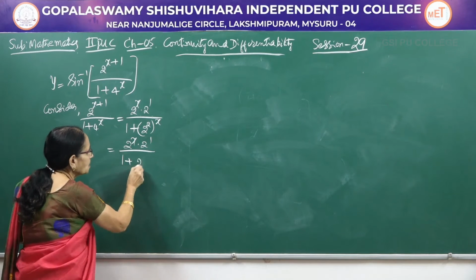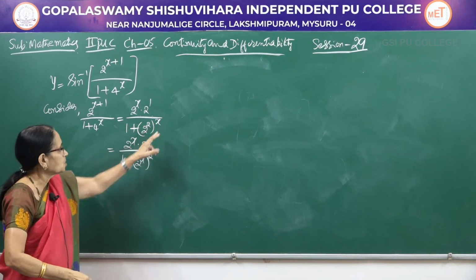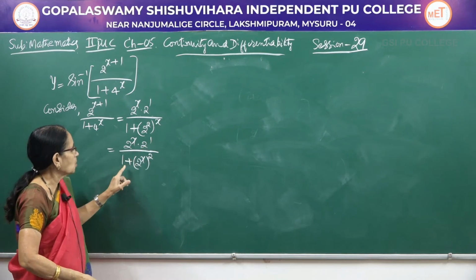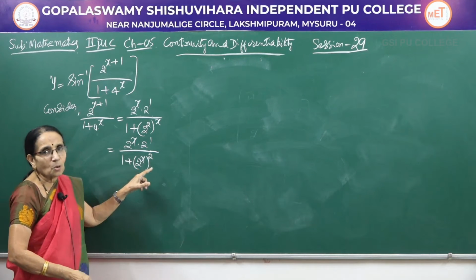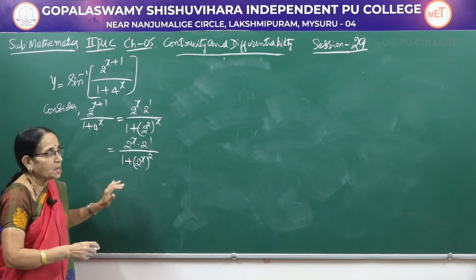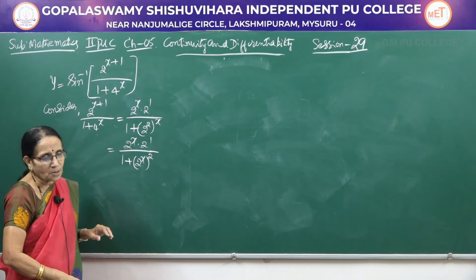So I can write this as 2 to the power x whole square. So 2 into x, here also 2 into x. So, 2 power x into 2 power 1 over 1 plus 2 power x the whole square. My idea is to have 2 power x in both the numerator and denominator, for which I am going to make an assumption.